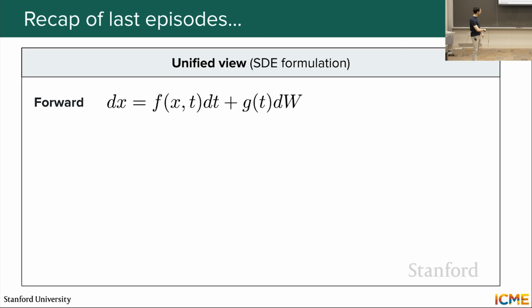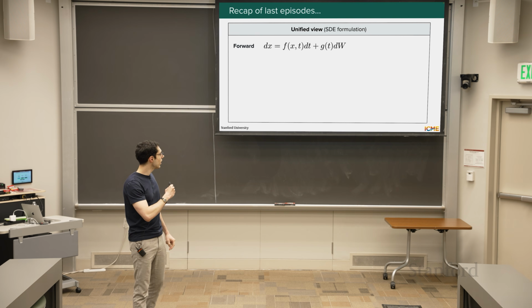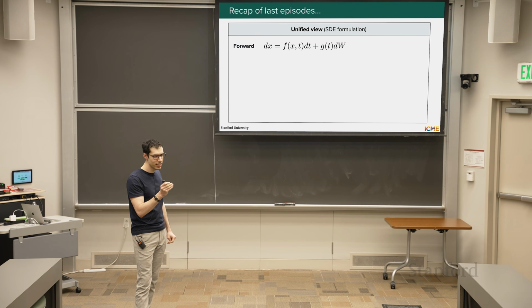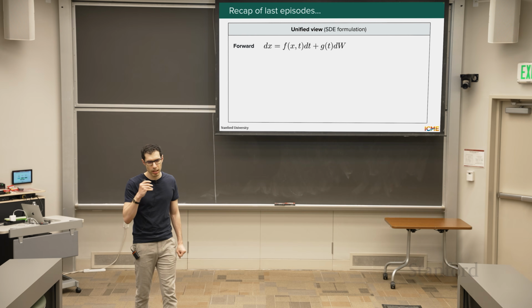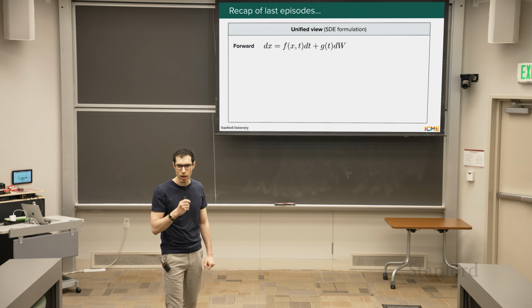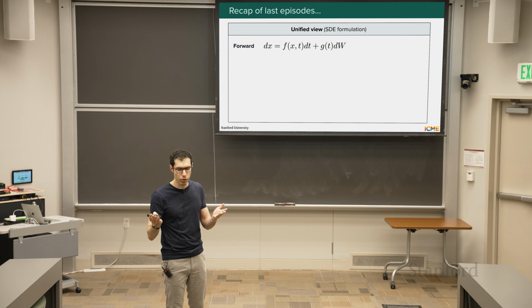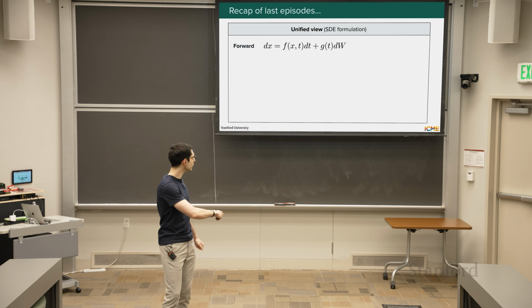Given that, what we did was think of a unified way of looking at both these perspectives, and we moved from a discrete representation to a continuous one. And we obtained this SDE, which was of the form dx equals f of x and t dt plus g of t times dw, where w is our Wiener process, which is introducing the stochasticity.